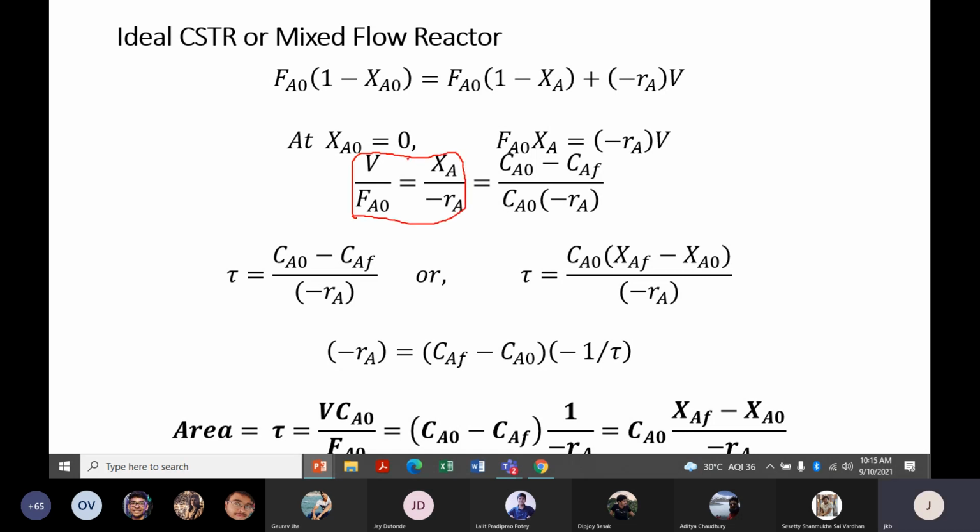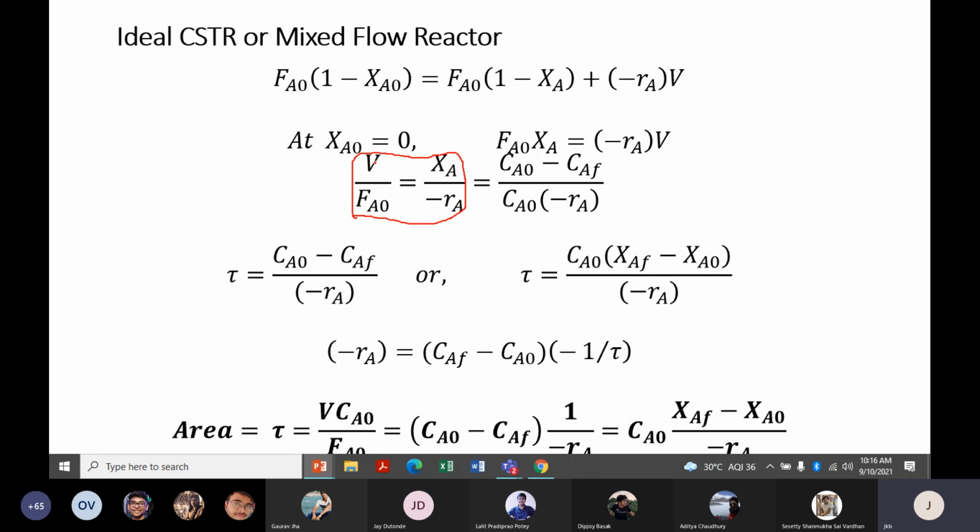This is one type of mole balance: V by Fa0 is equal to Xa by minus Ra. So if we have the rate expression, we can substitute it. Note it down: if the rate equation is given in the form of known rate parameters, that is K, first order, second order, or a complicated rate model, then we can use it for reactor design.